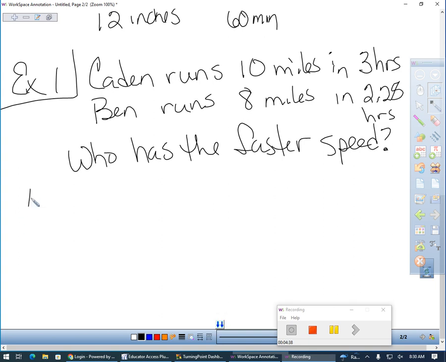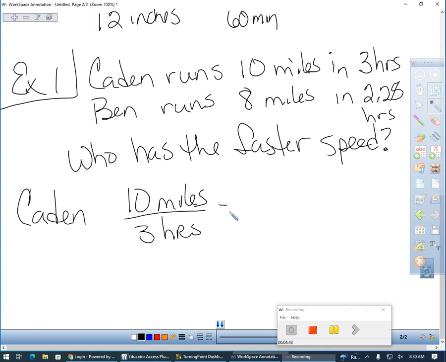So we're first going to start with Caden's here. And we have 10 miles in 3 hours. But we need to reduce that so that there's only a 1 on the bottom. So we're going to divide it, right? So go ahead and divide those. What's 10 divided by 3? Good. 3.3 miles in 1 hour is the rate that Caden is running.